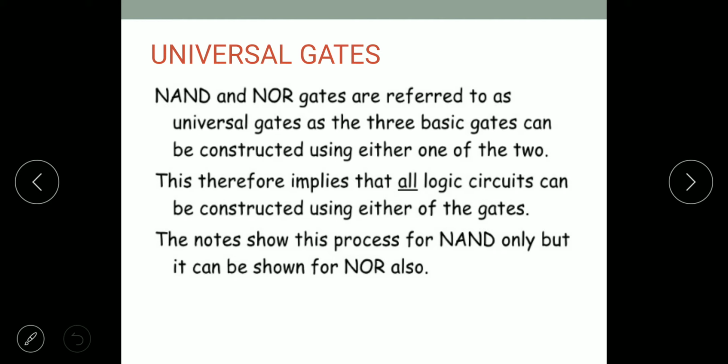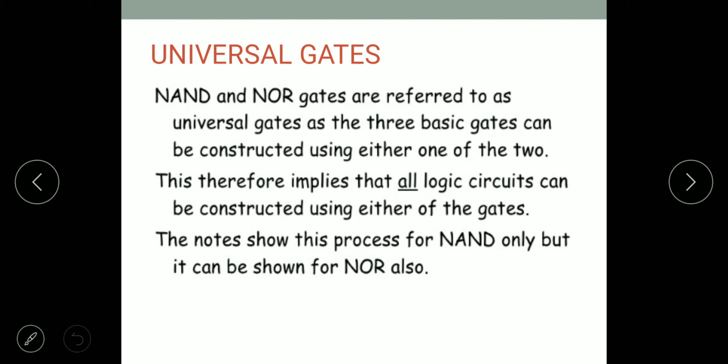If we use the NAND gate, then we can construct the OR gate, AND gate and NOT gate. And if we use the NOR gate, then we can construct the AND gate, OR gate and NOT gate by using only the NOR gate. So these gates are called universal gates. The question always in the exam is why NAND and NOR gates are called universal gates.